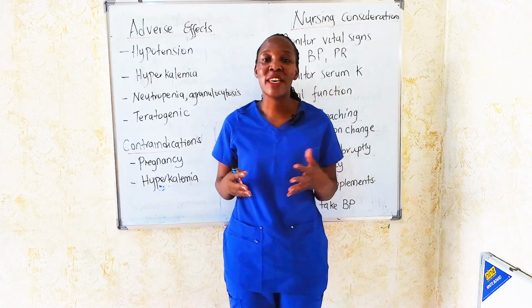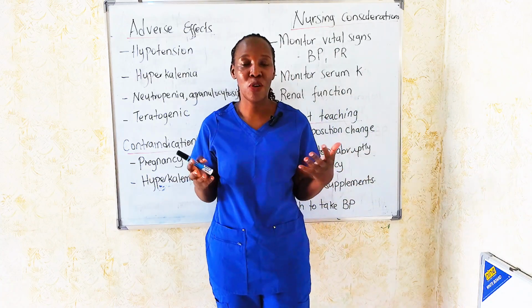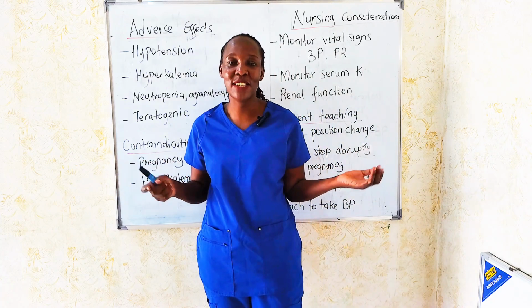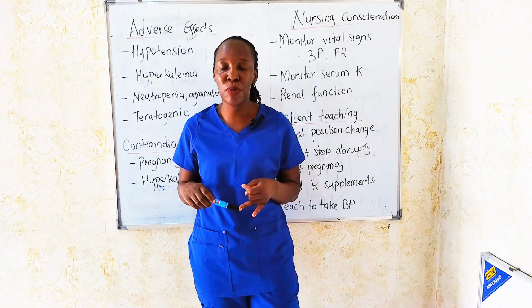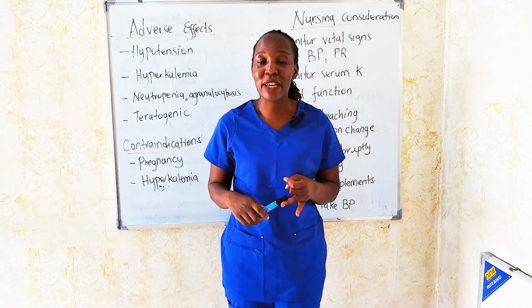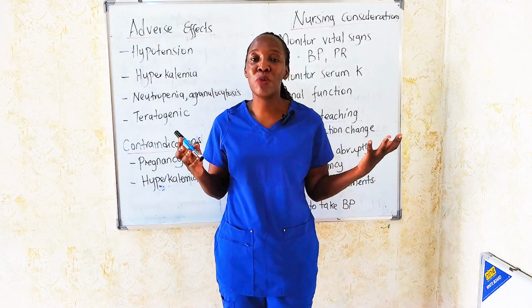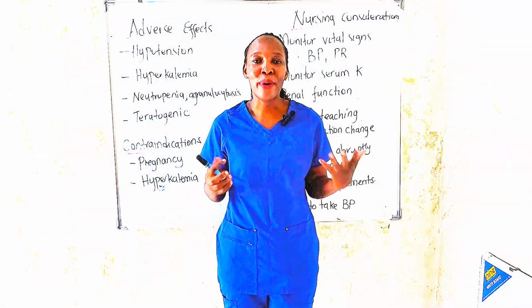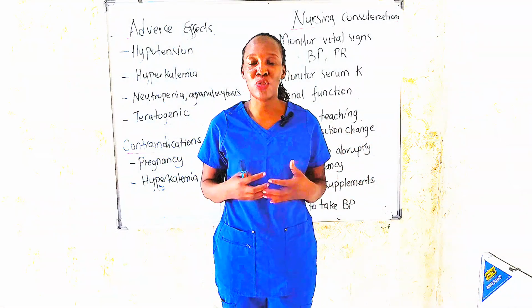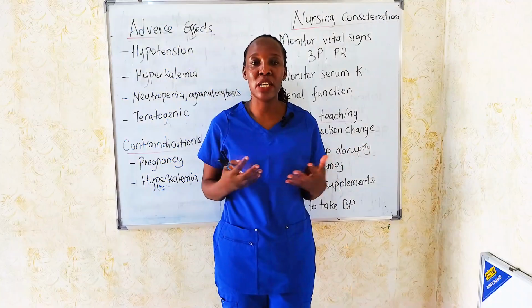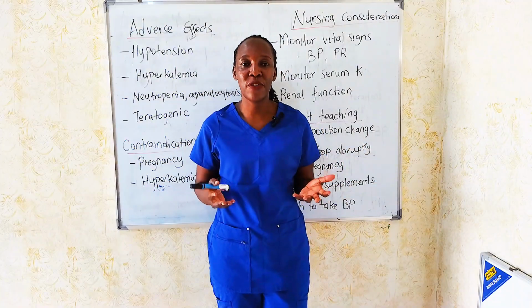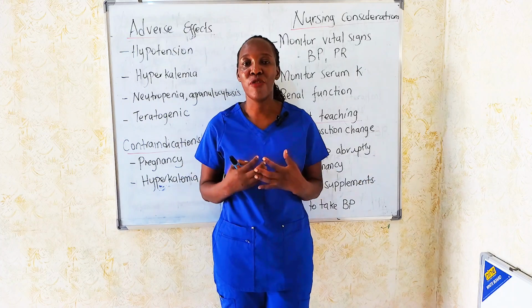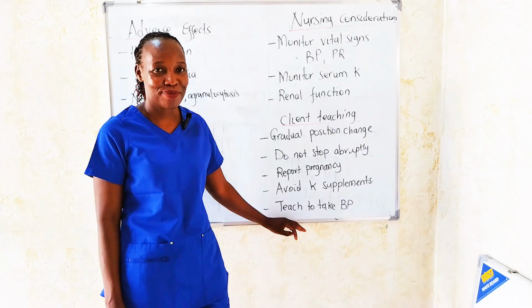And for that reason, they become excellent alternatives in case the client develops an intractable cough or if they develop angioedema. So those will be alternatives. Otherwise, in terms of clinical indications, these drugs really do the same thing. At the end of the day, they're all going to interfere with the activity of angiotensin 2.